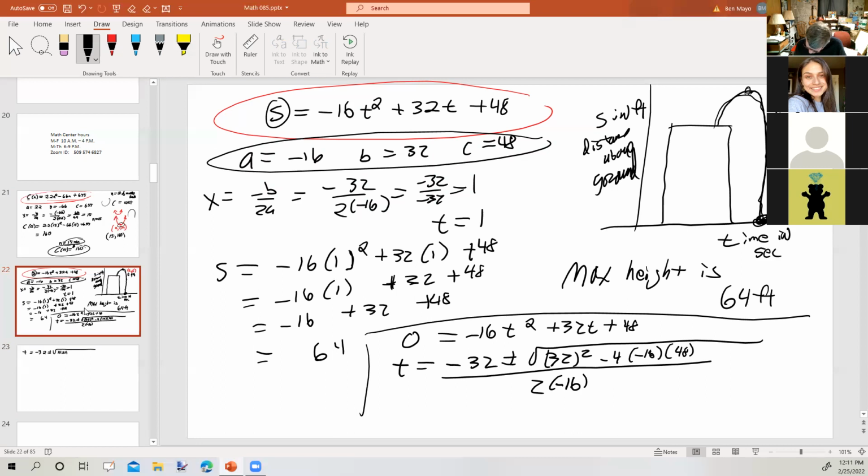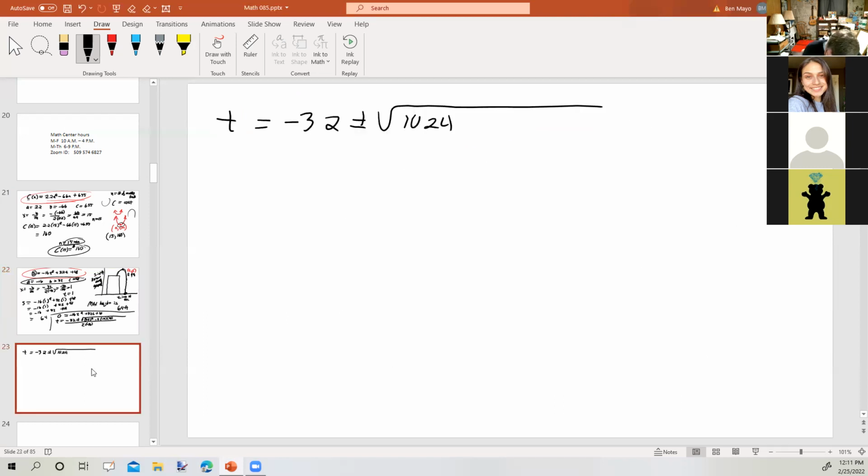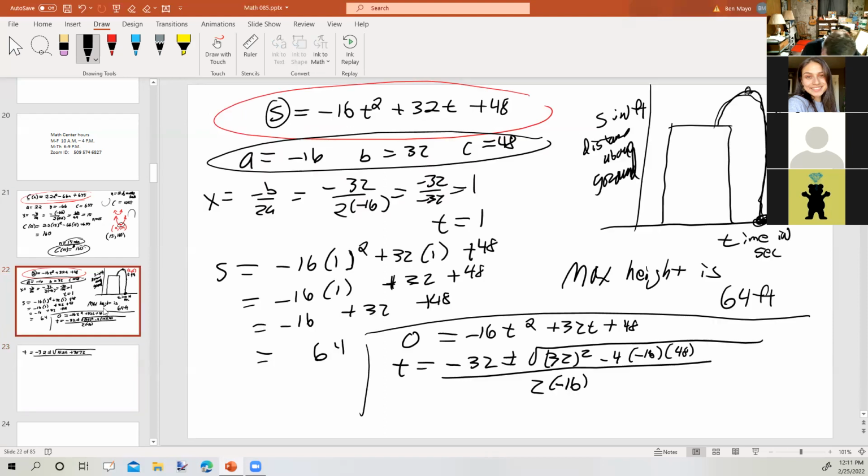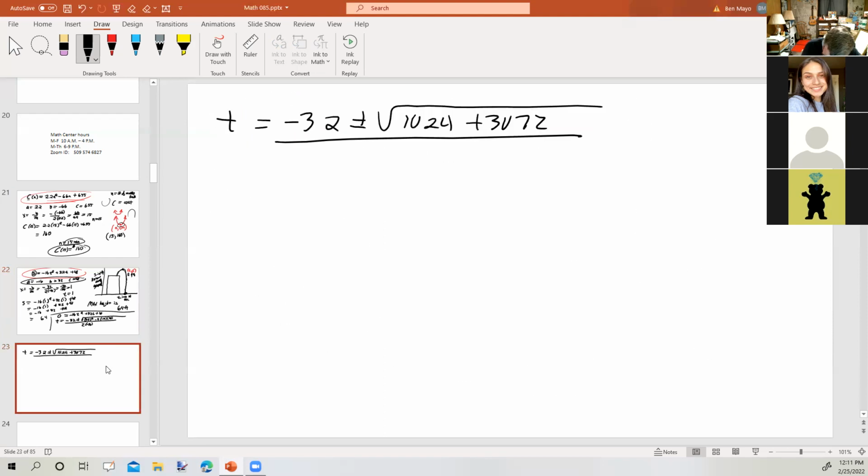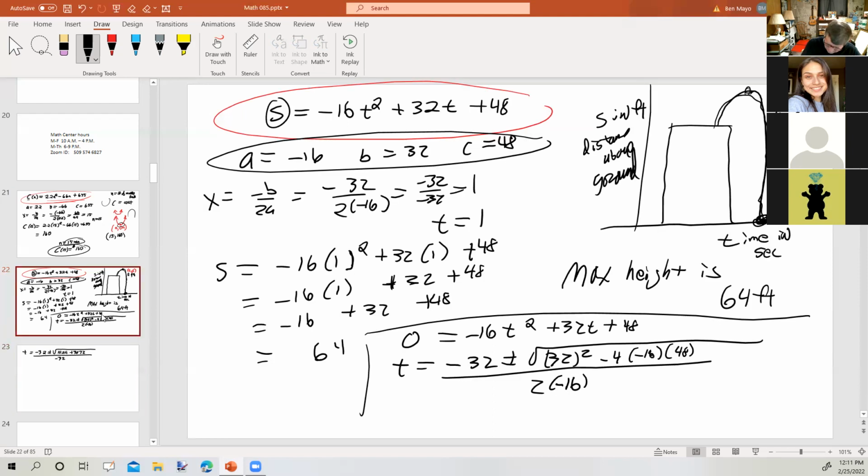And then minus 4, so -4 times -16, which is 64, times 48 is 3072, all over -16 or -32, because 2 times -16.